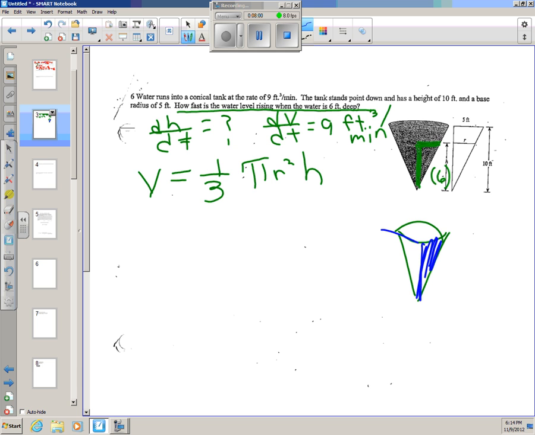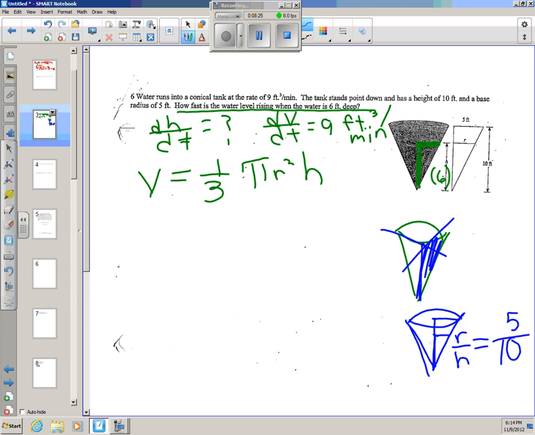And because of that, we can find a relationship between the height and the radius. In terms of the whole cone, the height is 10 feet and the radius is 5. As we fill up the cone proportionately, the radius and the height will have to stay in that relationship.